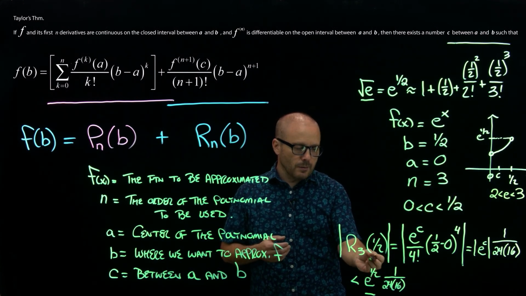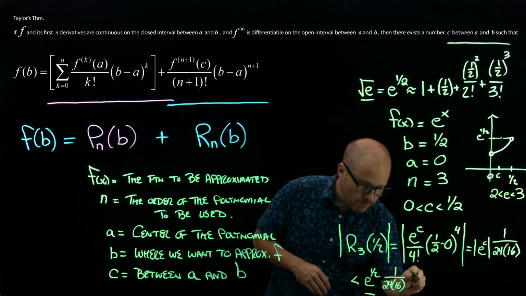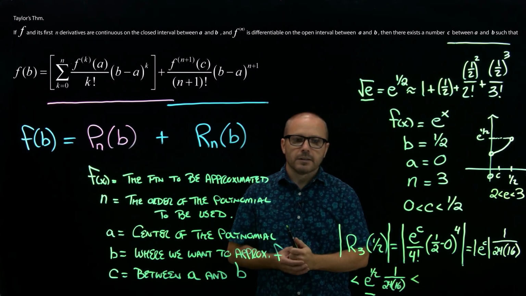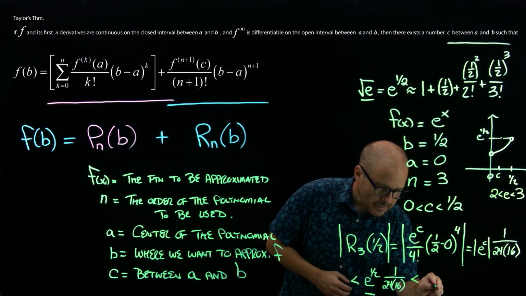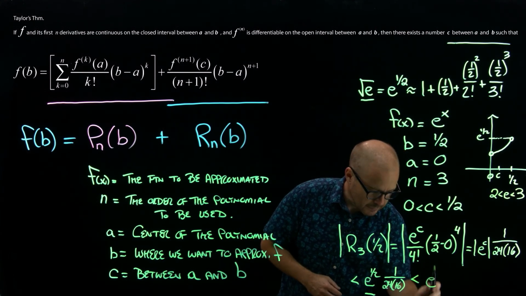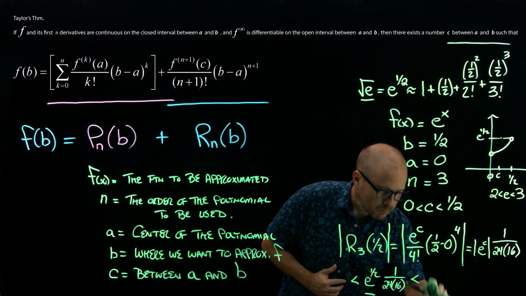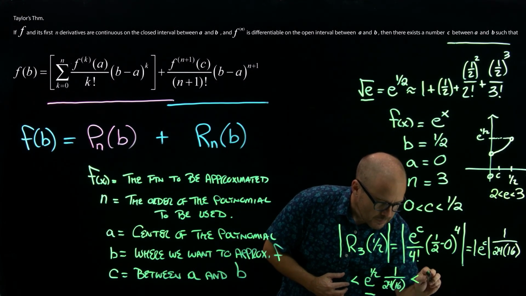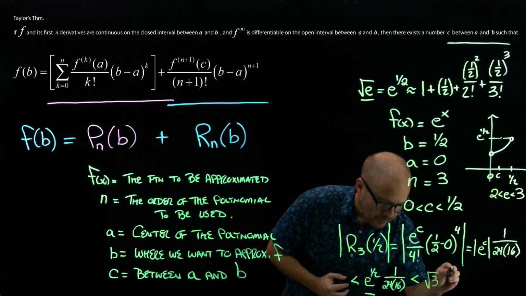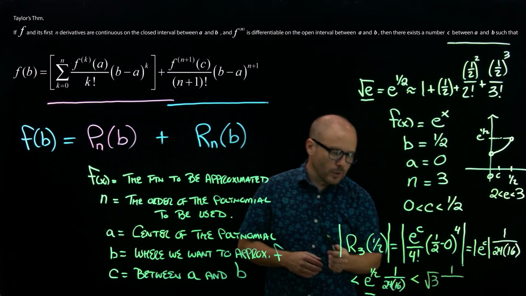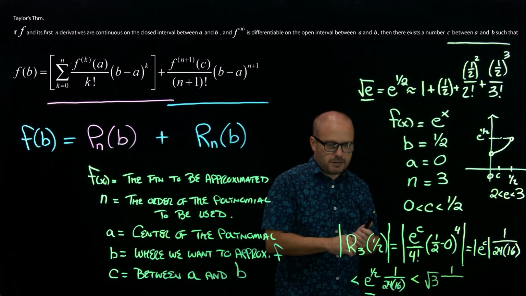But for our purposes, I want you to put one more bound on here and say, well, e is less than 3. So this is less than 3 to the half, or square root of 3, and then 1 over 24 times 16.